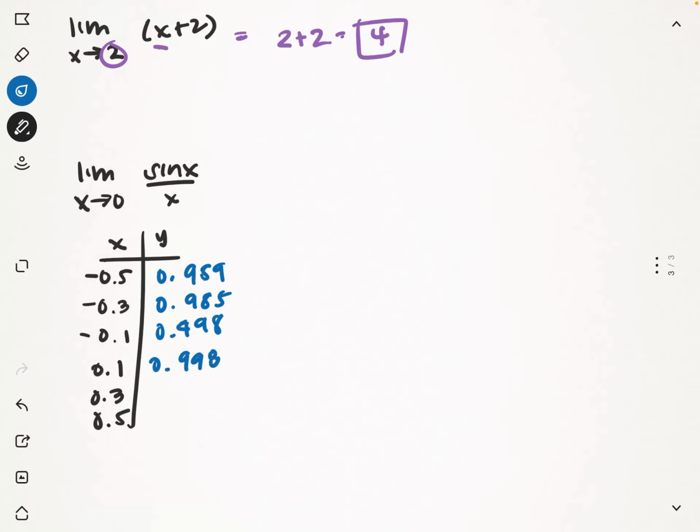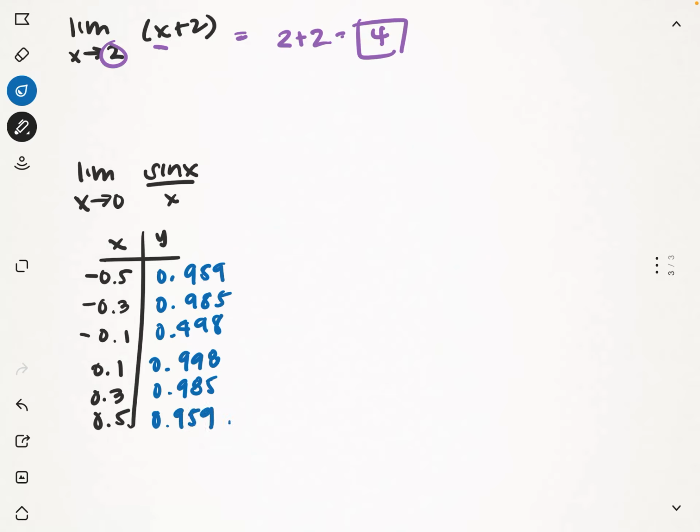And I bet because our sine graph is symmetrical, these numbers all come out to be the same thing. So sine of 0.3 divided by 0.3 is 0.985 again, and then sine of 0.5 divided by 0.5 is 0.959.